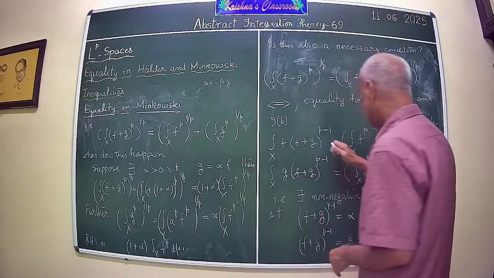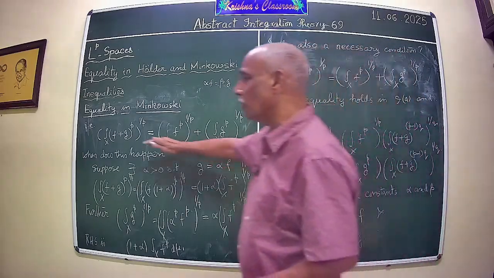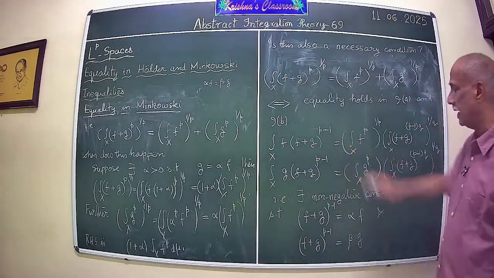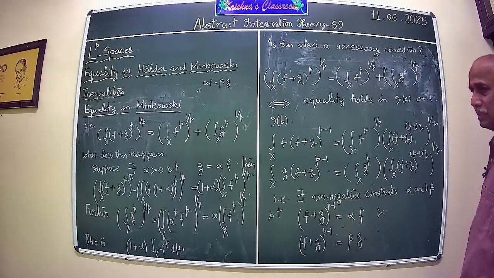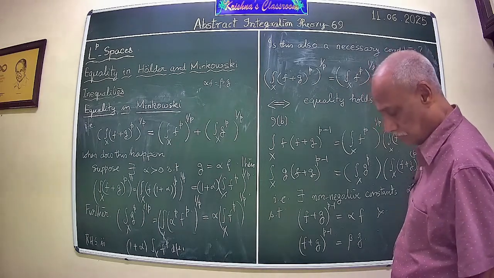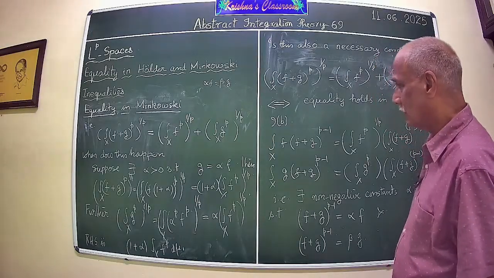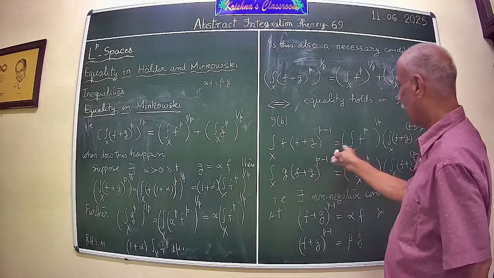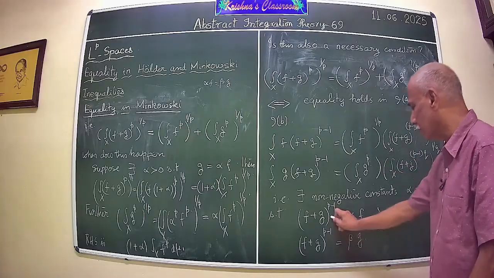If equality does not prevail in at least one of them, then inequality is going to prevail here. Therefore, in both 9a and 9b, equality should hold, and now you use the criteria for that from Holder's inequality. So that is given by these two.